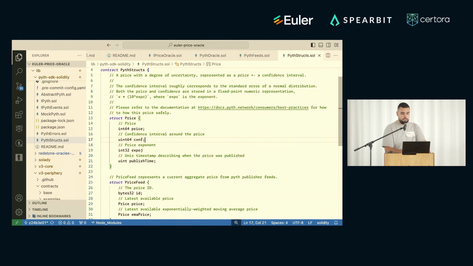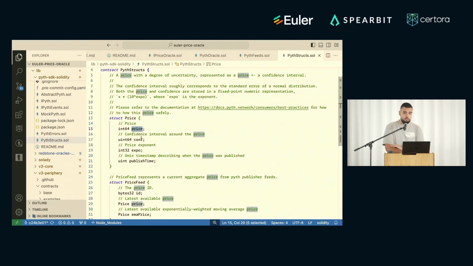Now the exponent is easy. This is just the precision that this price is in. So it's like for Chainlink it's fixed, but for Pyth it could change, right, depending on the significant digits that we need here.